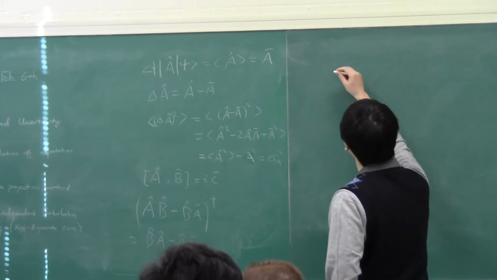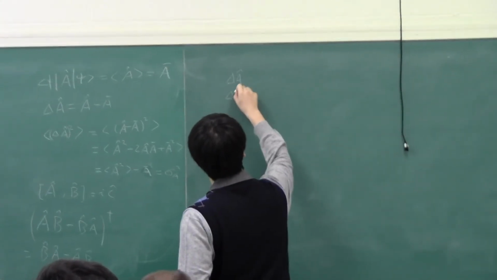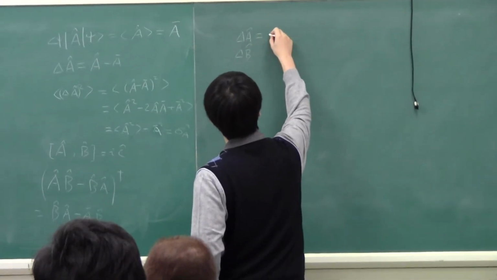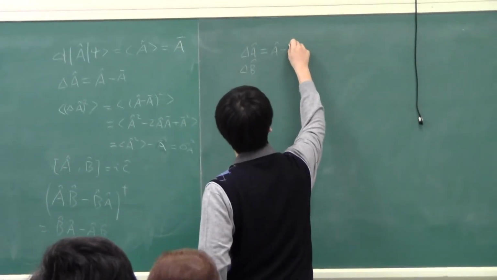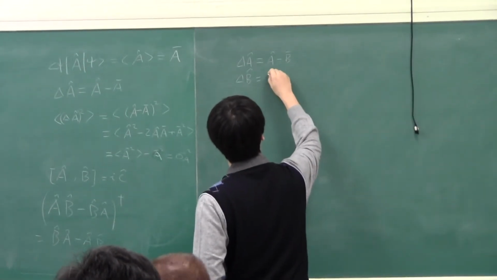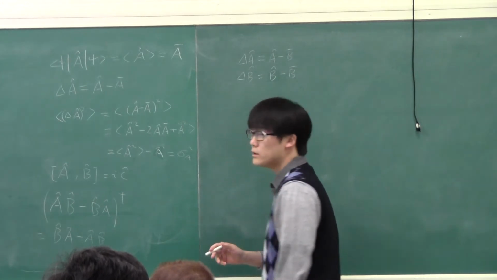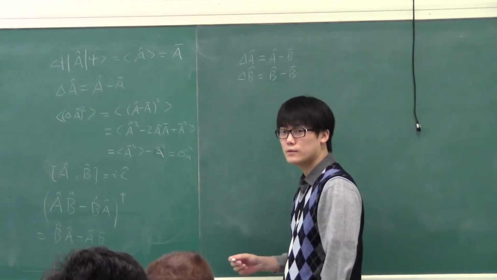Now we consider these operators, delta A and delta B, and they're defined as we subtract the expectation value from the operator itself. Now we're going to start with some arbitrary state phi.